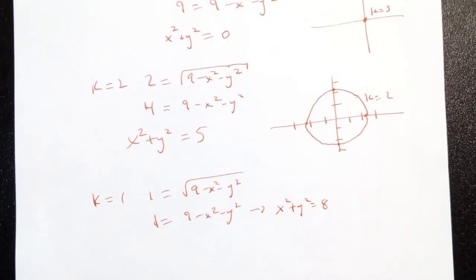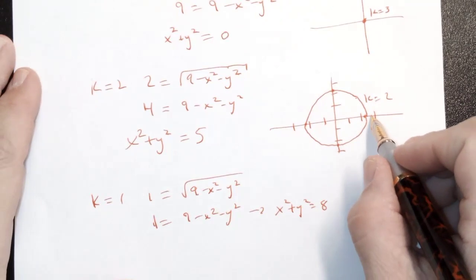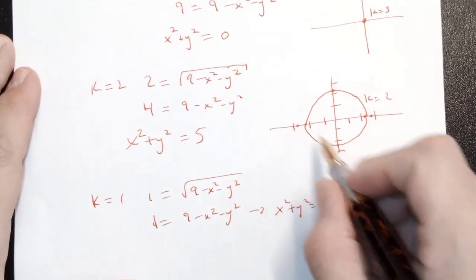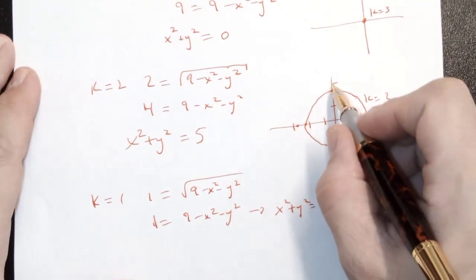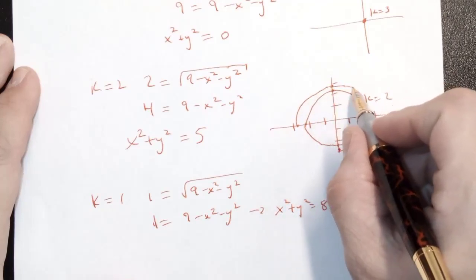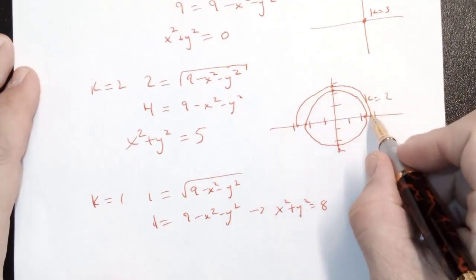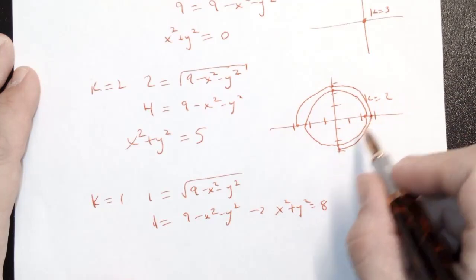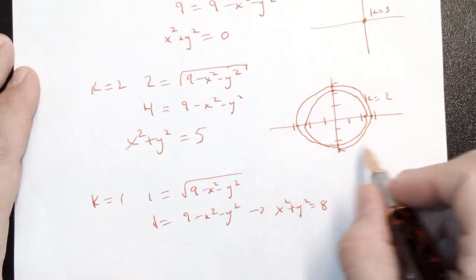Now the square root of 8 is like 2.8. So when k equals 1, we're out here. And yes, I know I'm putting them on the same axes. That's actually encouraged, like our topographical map.